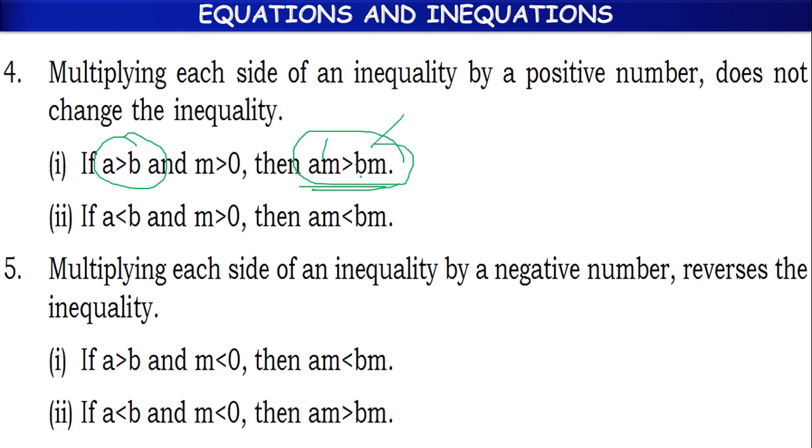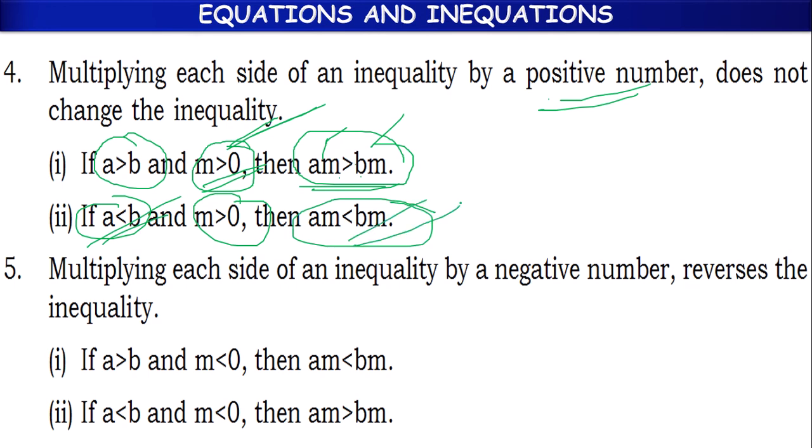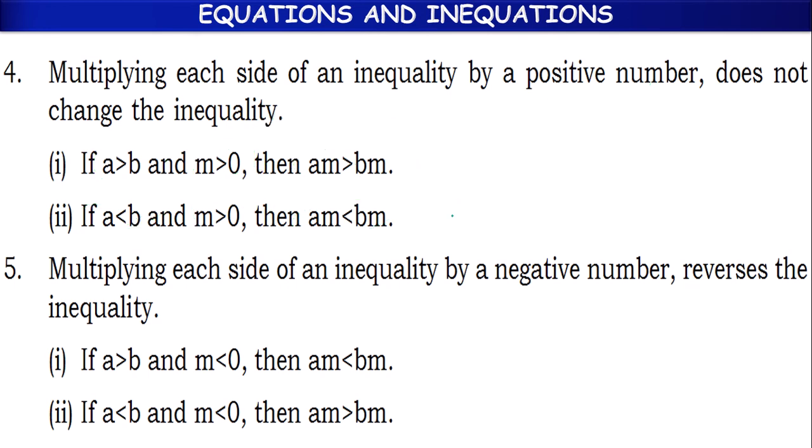With the same number we can multiply, but still the relation does not change. But the condition is M should be greater than 0. The value with which we are multiplying should be a positive number, not negative, not 0. It should compulsorily be a positive number. If the relation is less than, after multiplication also it will be less than. Next.